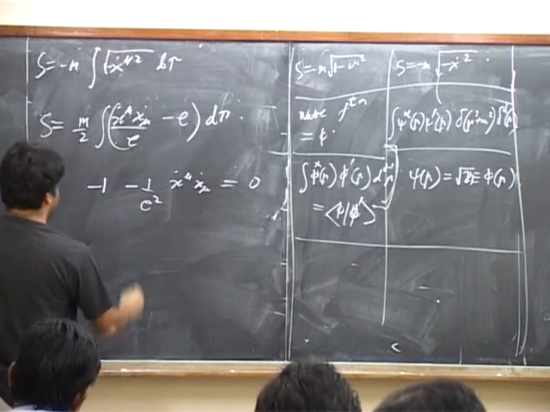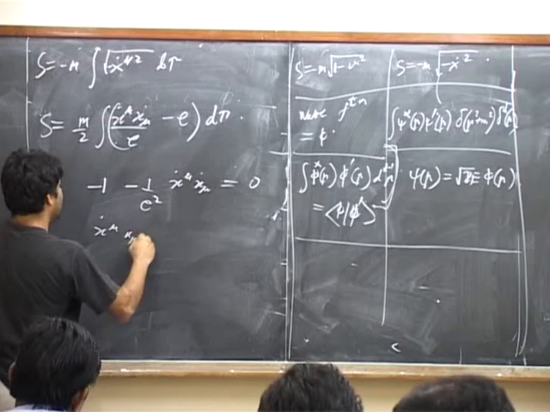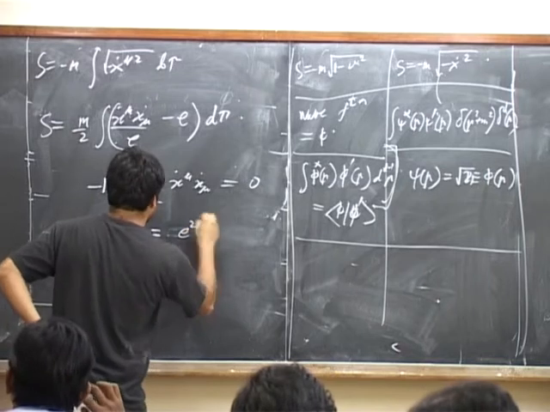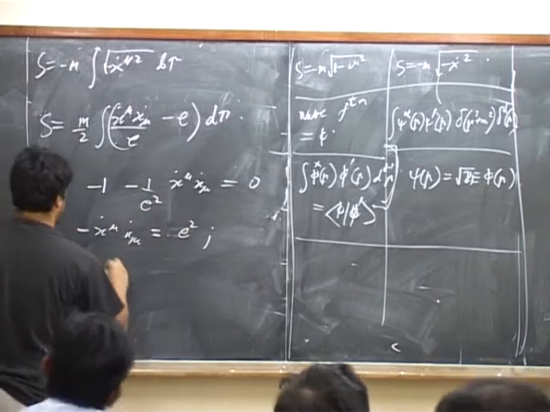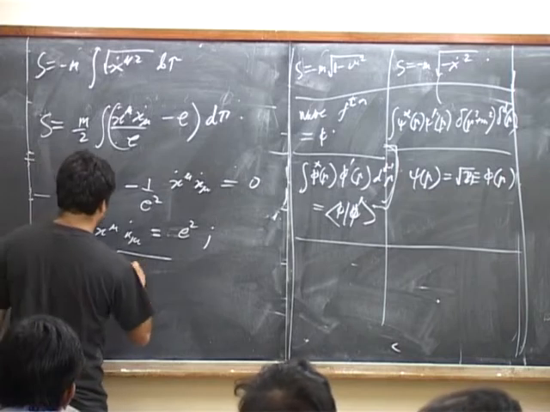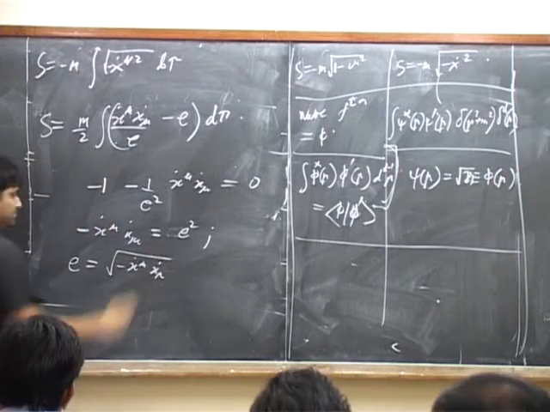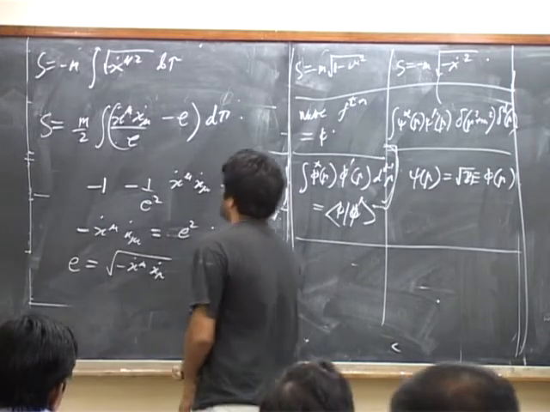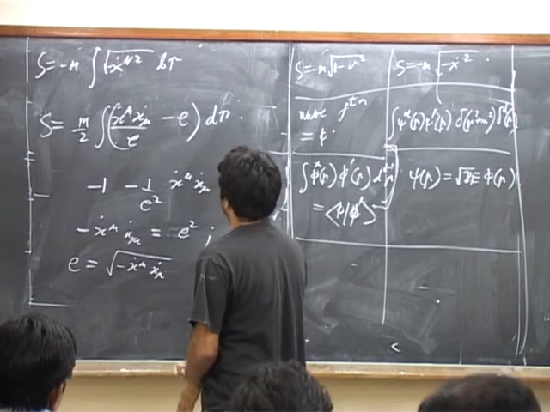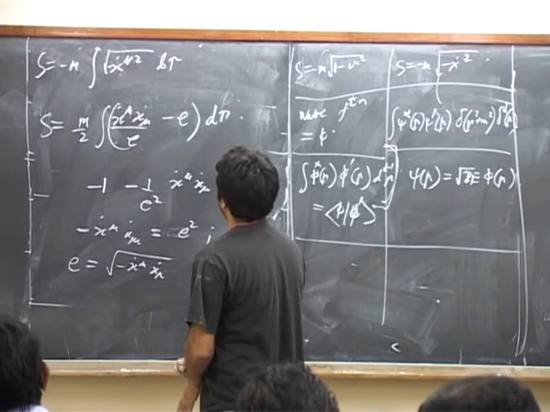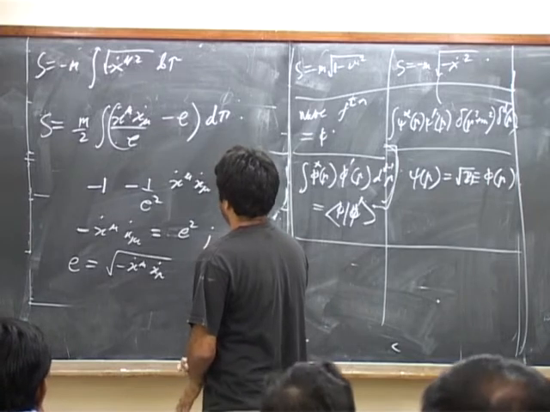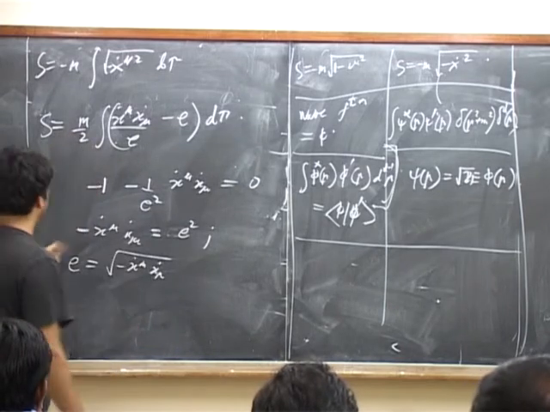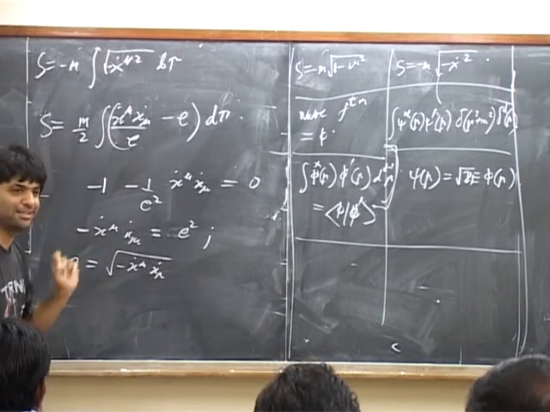So that tells you that x mu dot squared is equal to E squared. Or E, which by convention we choose to be a positive number, is the square root of minus x mu dot squared. Very good. You have to keep your wits about you with minus signs, otherwise you might think it was 0.